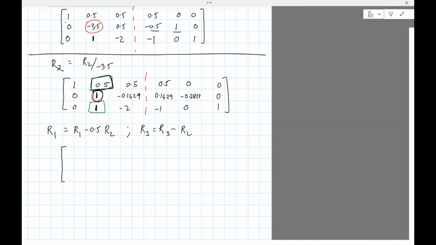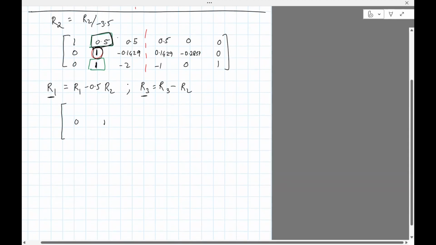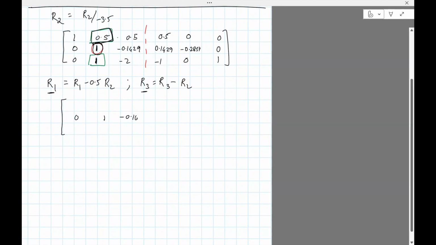Okay, so let's do that. The second row will not be changed, because the new rows are going to be 1 and 3, so you can just copy that. It's minus 0.1429, 0.1429, minus 0.2857 and 0. Let's do the first row now. 1 minus 0.5 row 2 will be 1. 0.5 minus 0.5 row 1 would be 0.